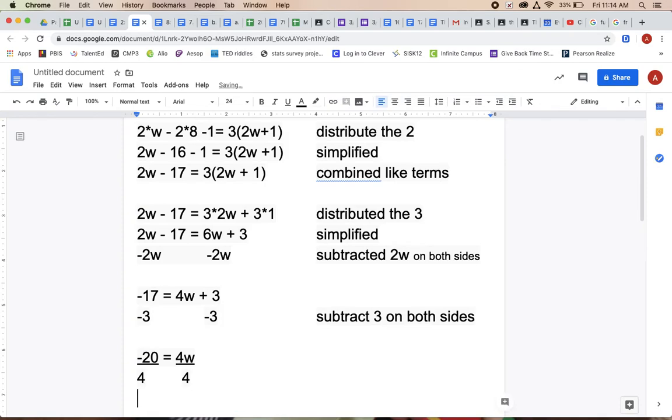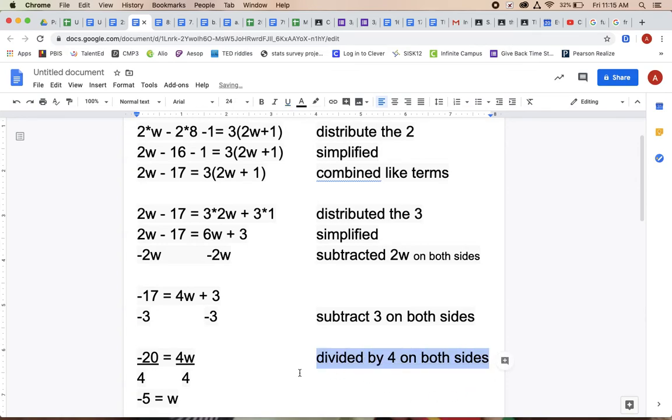So if I divide that by 4, it leaves me with just 1 W. Feel free to use your calculator, but negative 20 divided by 4 is negative 5, and 4 W's divided by 4 leaves me with just 1 W. So now I know that there were negative 5 coins in each bag.